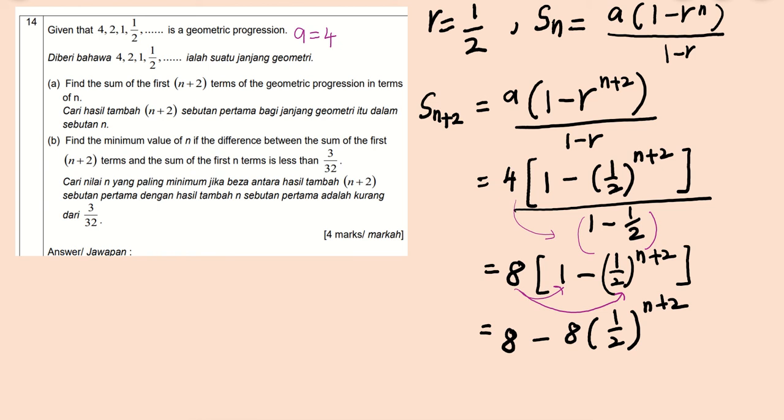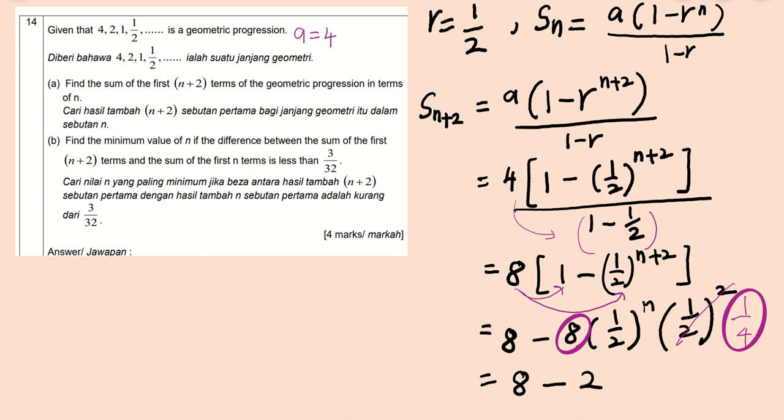So, power n plus 2 awak boleh split kepada 1/2 power n darab dengan 1/2 power 2. 1/2 power 2 value dia sebenarnya adalah 1/4. So, 1/4 awak boleh darabkan dengan 8, dia akan jadi 2. So, bila kita simplify, kita akan dapat 8 minus 2 in bracket 1/2 to the power of n. So, ini adalah explanation untuk question A.